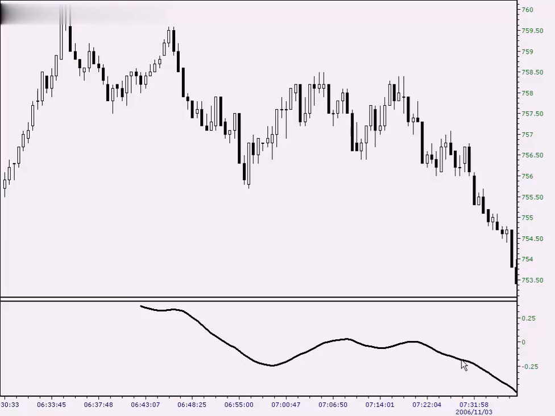I call it DAD, and basically because it does help us with direction. Now we have a zero line here, and the zero line means there's no momentum. Now, what is momentum, real quickly? It means the power, the force, the velocity, acceleration. These are all terms that have slightly different meanings, but for trading, that's basically what we're looking at.